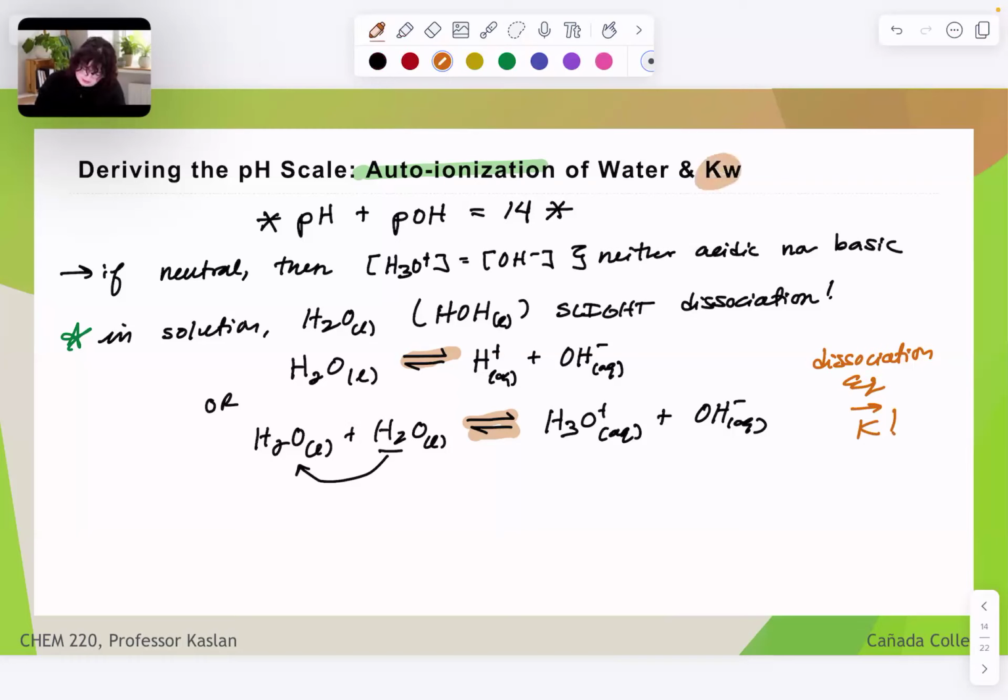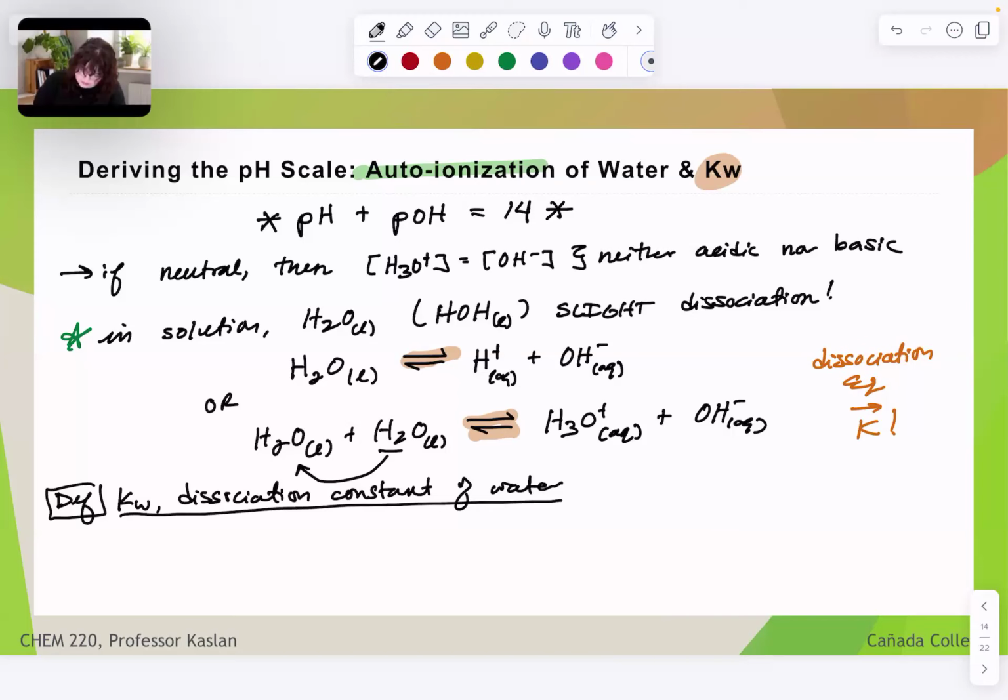It is called Kw, or the dissociation constant of water. And Kw has a known value. It's been measured in the lab. So let's write the expression for Kw.